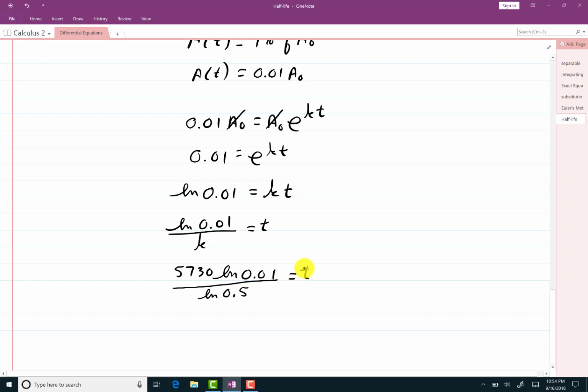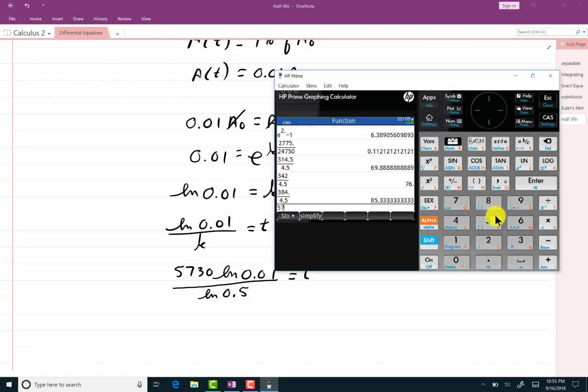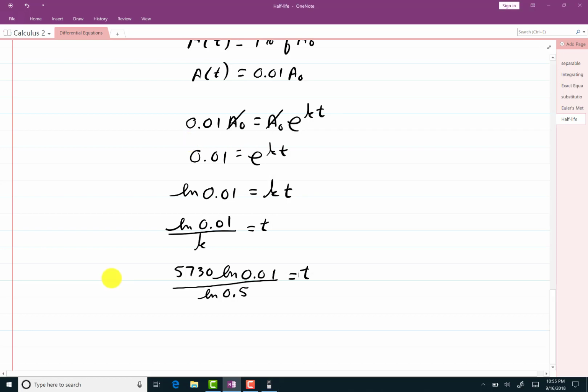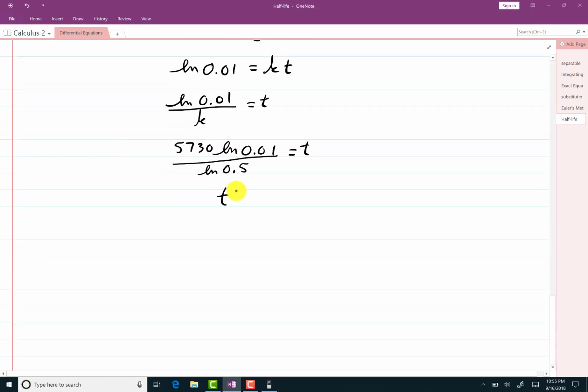And from here it's a calculator exercise. And we find t is approximately 38,069 years. I wouldn't bother with decimals or anything like that.